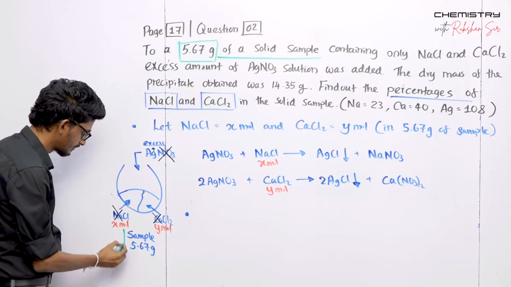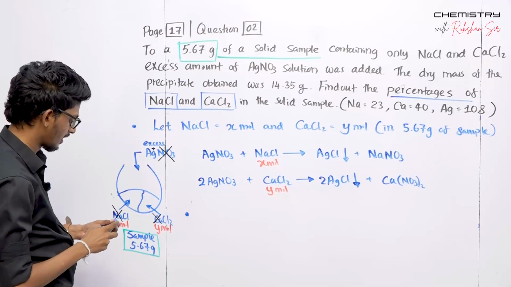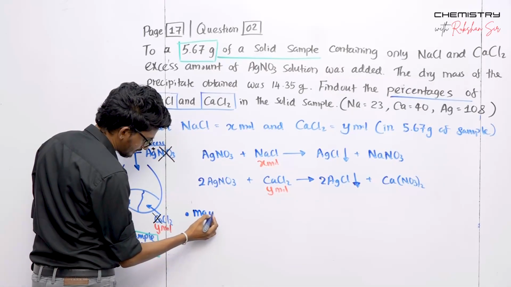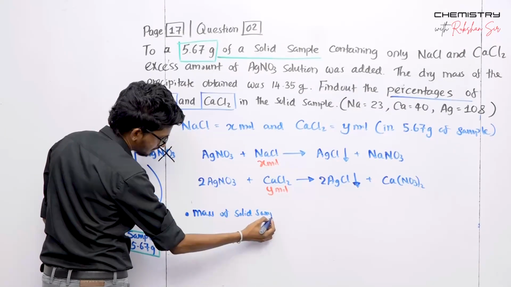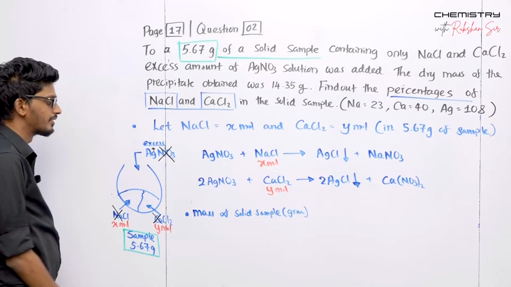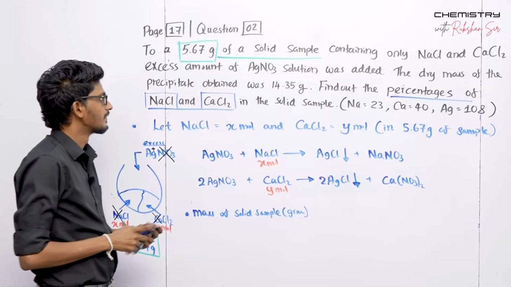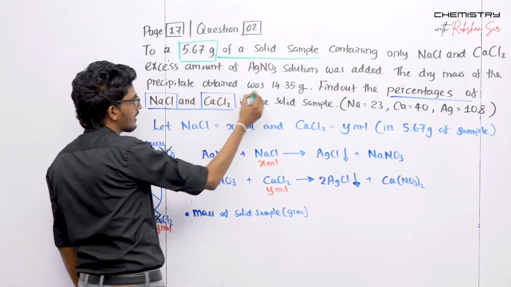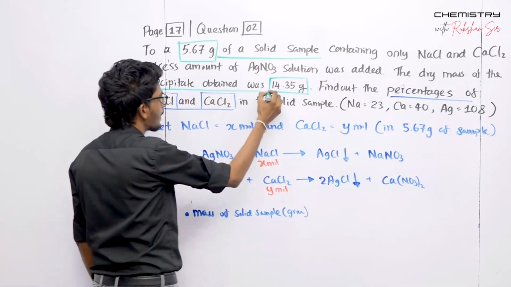See this value, the mass of the solid sample, in terms of grams, with which we can write the simultaneous equation. What is the other data point here? The other data point appearing here is the mass of the precipitate.